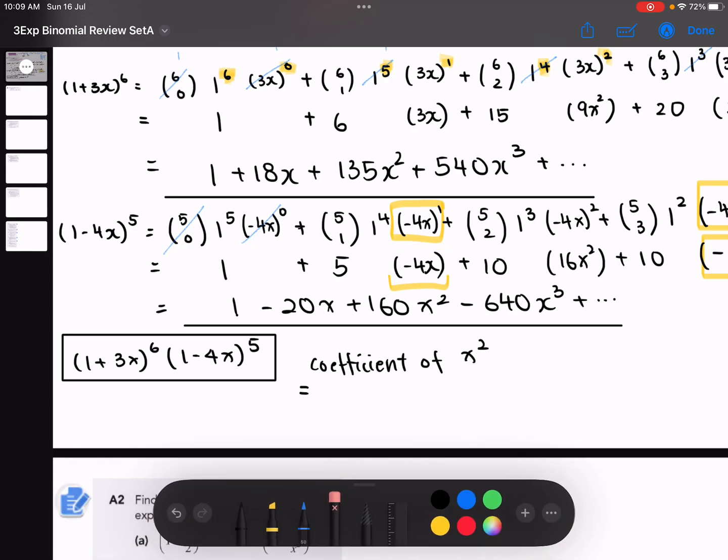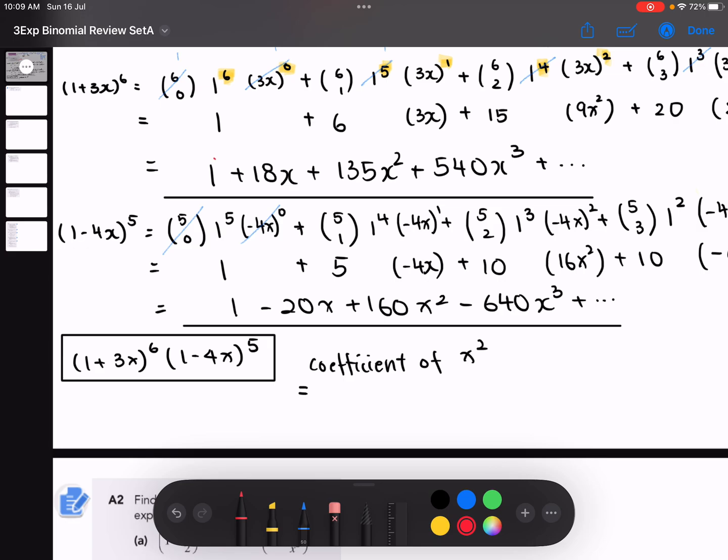I am removing all unwanted colors. Now, you have to ask yourself, which one times which one will give you a pair to give you x squared? Let me start. For example, if I use 1 for my first expansion, I will need to multiply it with the x squared term from the second expansion. This pair will give me x squared.